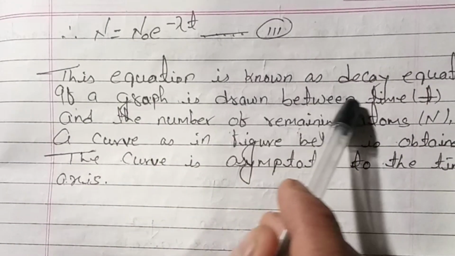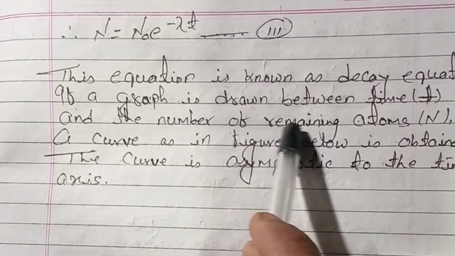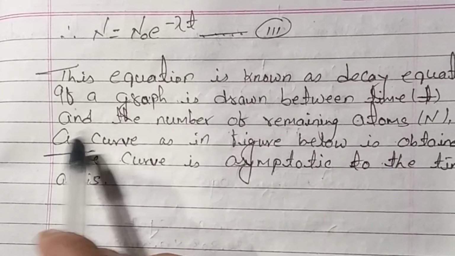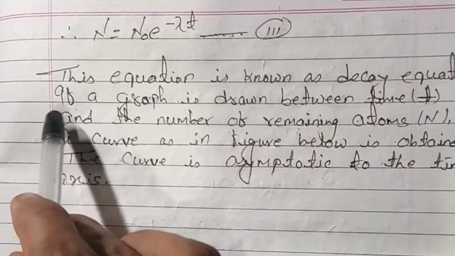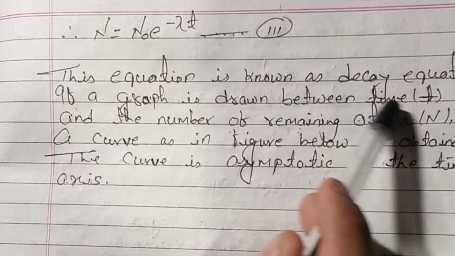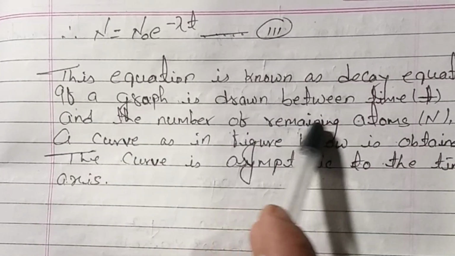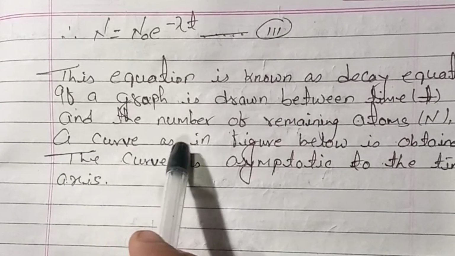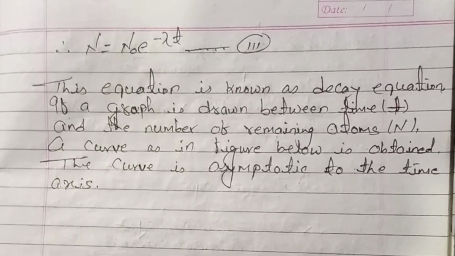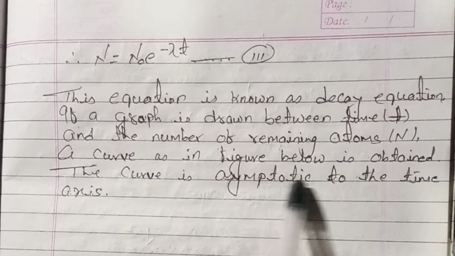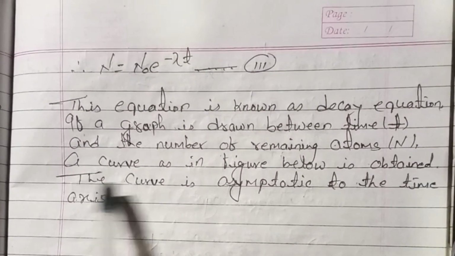If a graph is drawn between time t and the number of remaining atoms N, a curve as in the figure below is obtained. The curve is asymptotic to the time axis.